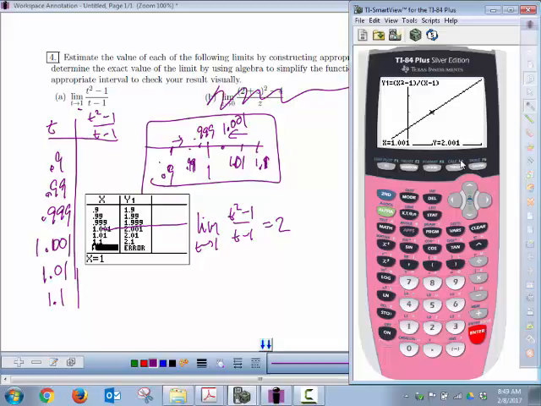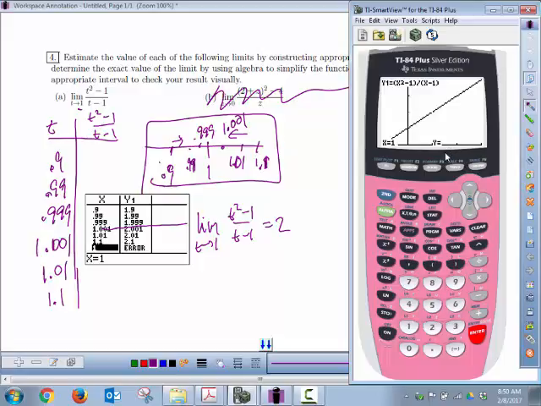We get a y value that comes out, and we can punch in numbers during our trace to get our values. And then if you try to type in 1, we know that that's not a good point, right? And so at 1 here, the y value has nothing to offer. And when we did the table, it actually said error.